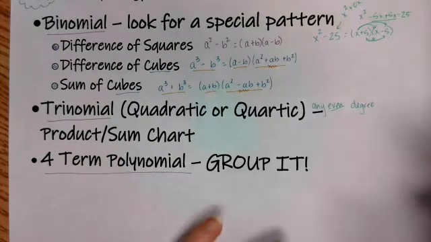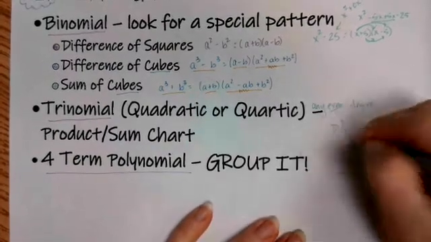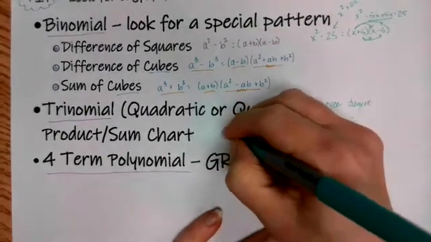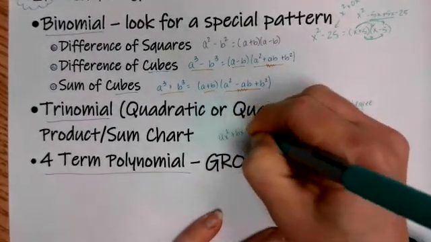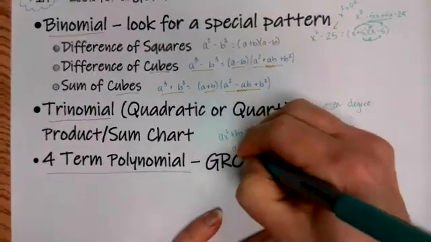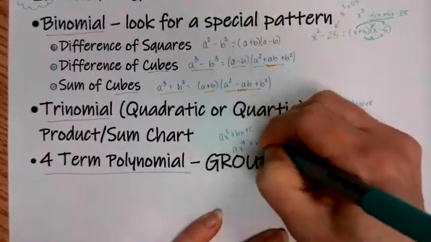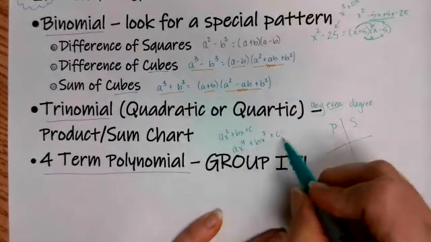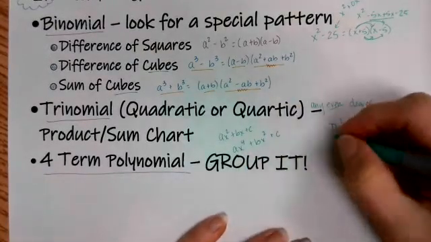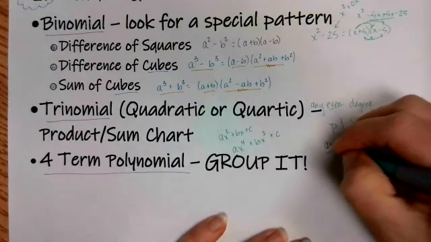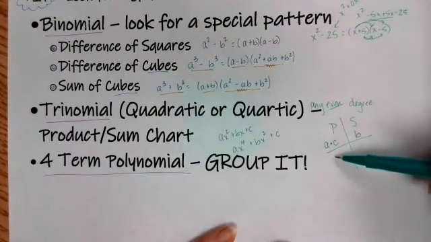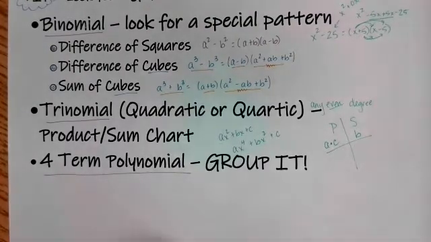So we're pretty familiar with the product sum chart, I hope, but just to refresh, with 3 terms, I'm going to have ax squared plus bx plus c, or I could have ax to the 4th plus bx squared plus c, where I have a quartic, and then this is a quadratic, and this is a constant. But I always do, for my product, a times c to get the product number, and then b for the sum. When in doubt, you can list these out, and it should work.